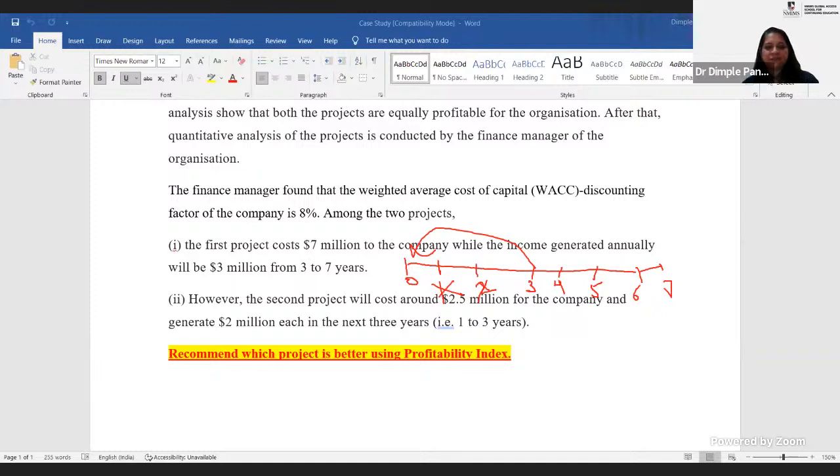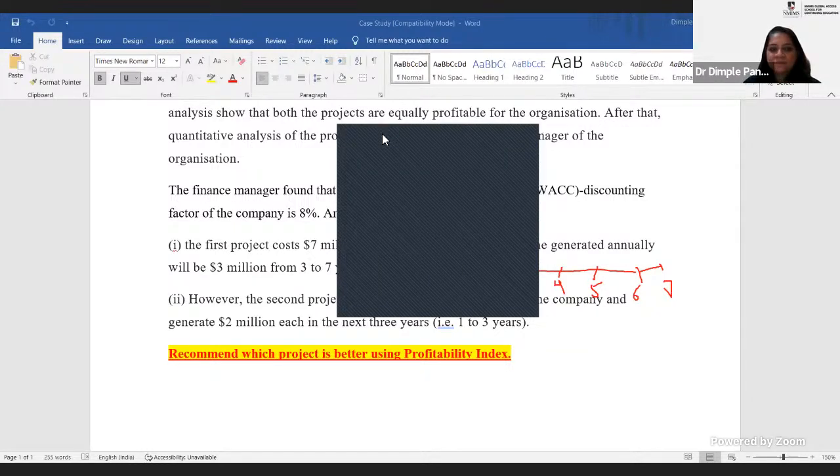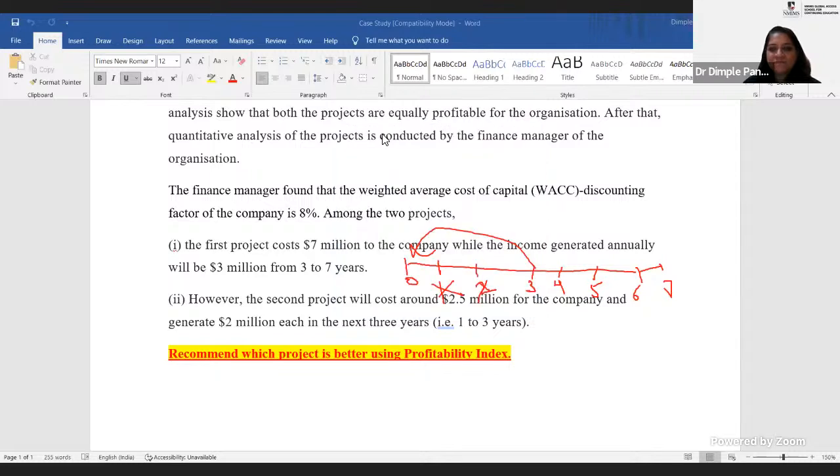Yes, please now tell me the fresh answer. Tell me the fresh PI for the first one. It's very interesting. 1.47 according to Ganesh, which is absolutely right. Others, I'll wait for a minute or two. You're not earning anything in the first and the second year. Ganesh says 1.47.